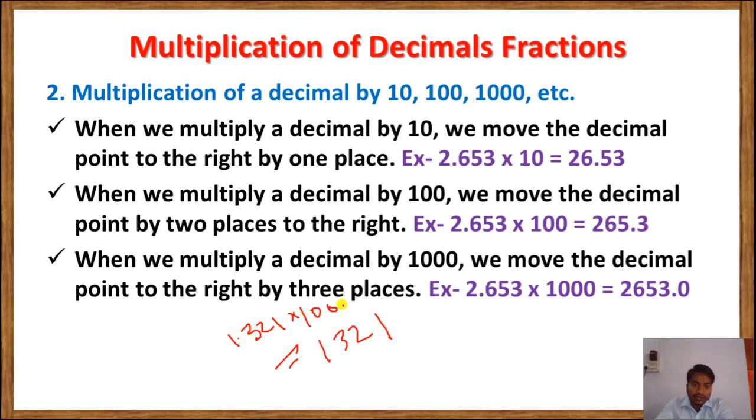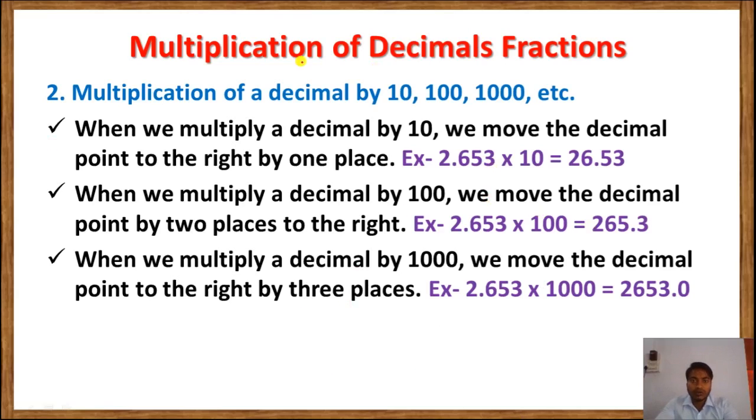According to 1000, we have to move this decimal point right side by 3 places. This is the first place, second place, third place, then the point will come here. That means 1321.0 we can mention here. So this is the answer. Understood?